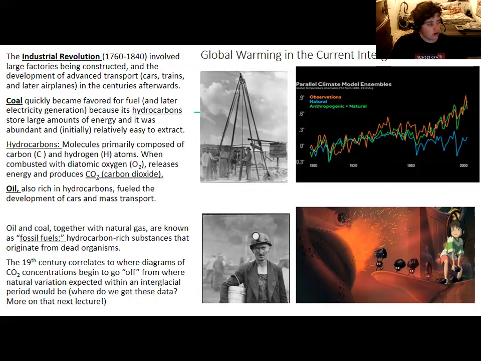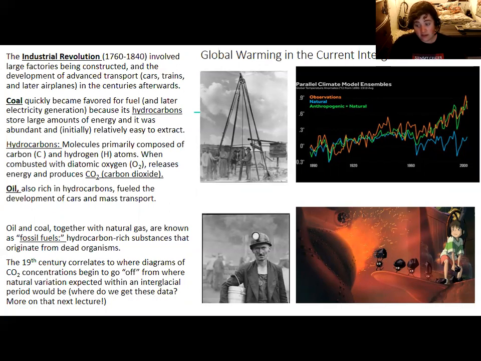The term the Industrial Revolution refers to a rapid mechanization of labor and the rise of factories and manufacturing, as well as automation and the compartmentalization of labor, like the assembly line process. All of this involved a rapid increase in the use of fossil fuels because all of these machines required energy, and burning oil and gas and coal provided that energy.